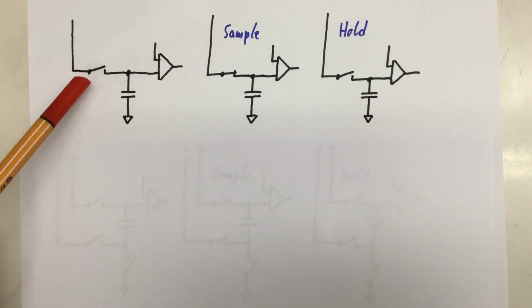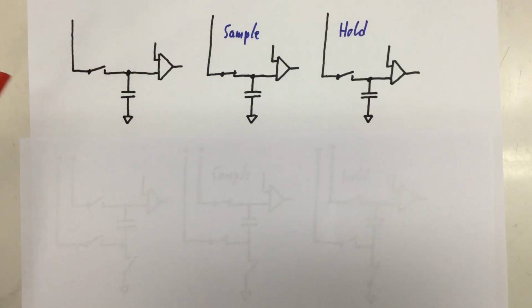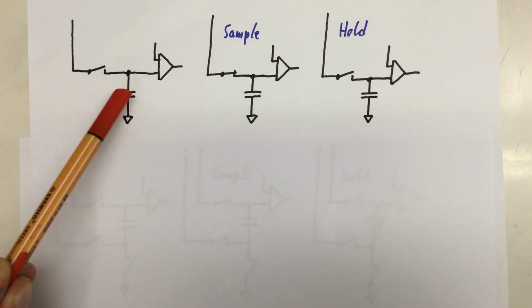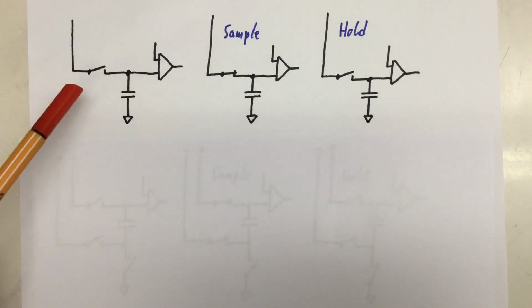Here's our input, and then we have a switching element that can pass current in both directions. So either a FET or two MOSFETs in series connected drain to drain or source to source.